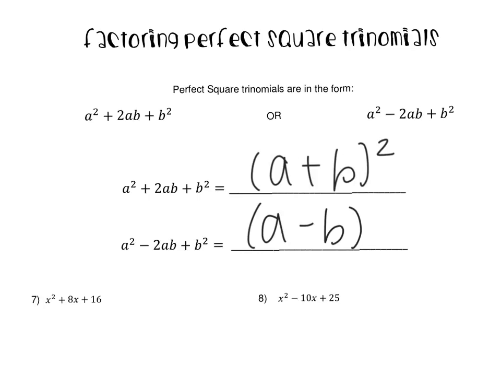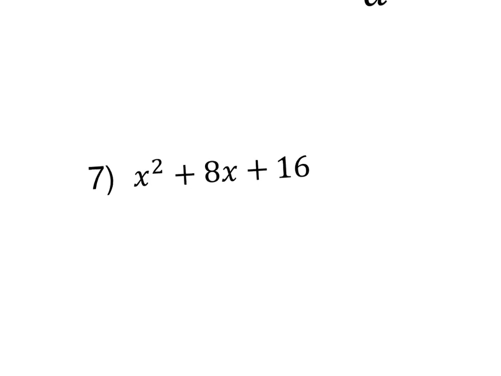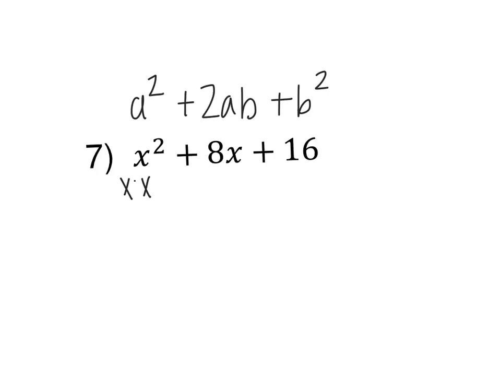So we're going to look at a couple easy examples to help us figure this out. We're going to start with 7. I'm going to tell you that 7 is a perfect square trinomial. So if it's a perfect square trinomial, then it's written in the form of a squared plus 2ab plus b squared. So let's look at each of the pieces. Well, x squared, that would mean that this would be x times x. So a in this case would be x.